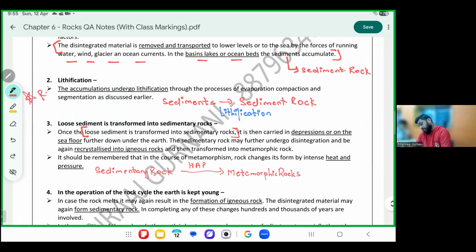These sedimentary rocks break down. Here, please mark that statement. One statement: it can get recrystallized into igneous rocks. Sedimentary rocks may just become igneous back again if lava flows over it again. Or they get transformed into metamorphic because of heat and pressure.